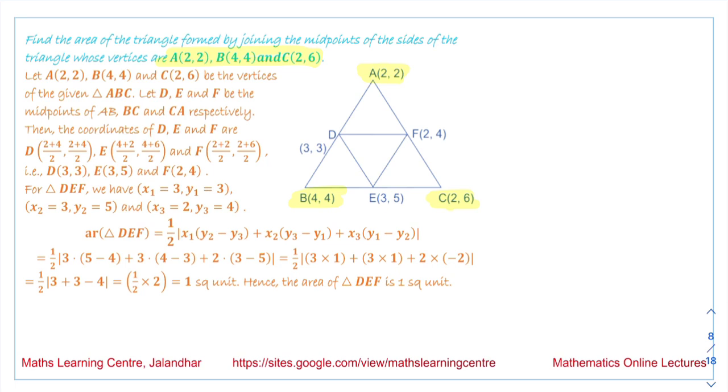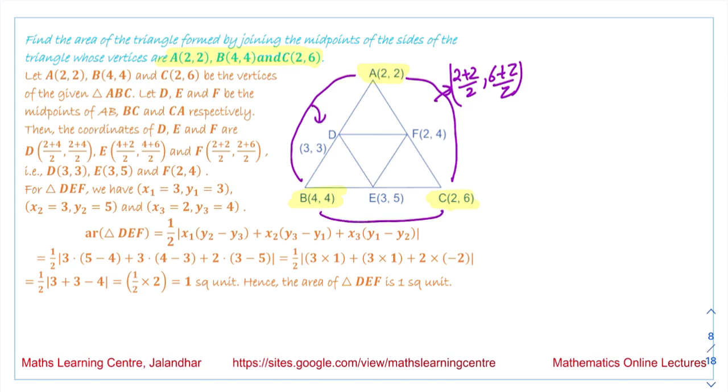So to calculate the midpoint of A and C, it is 2 plus 2 by 2, 6 plus 2 by 2. Similarly, we can calculate the coordinates of this point D and this point E. These are the midpoints, we are saying D, E and F.